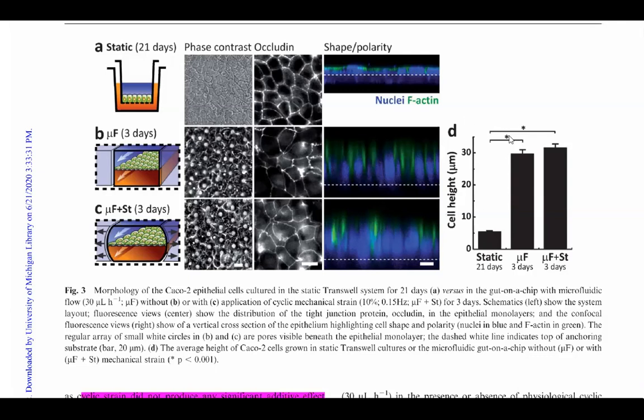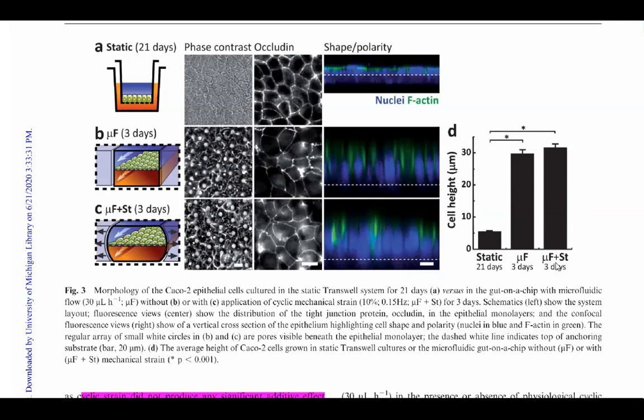And as you can see here in the plot, there is a significant difference between the cell heights in the microfluidic group and the static ones. It is, let's say, a 6-fold increase in the cell height in microfluidic devices.